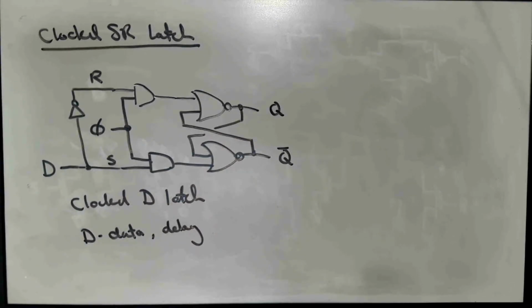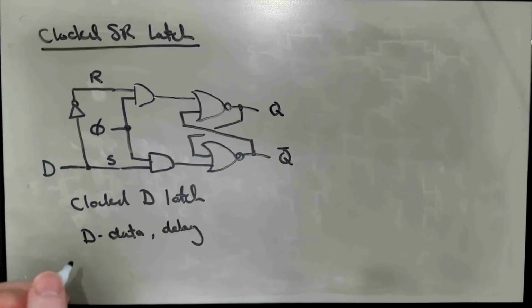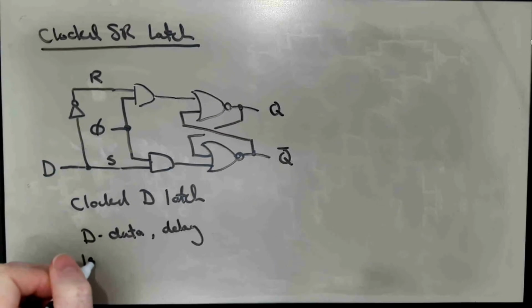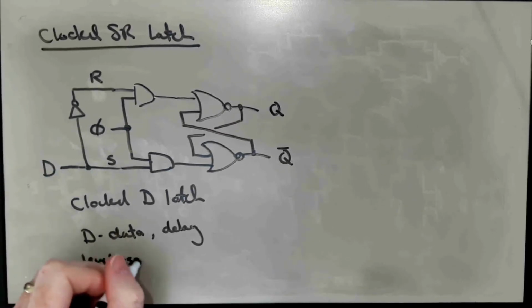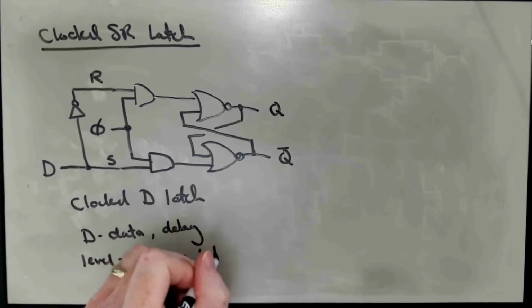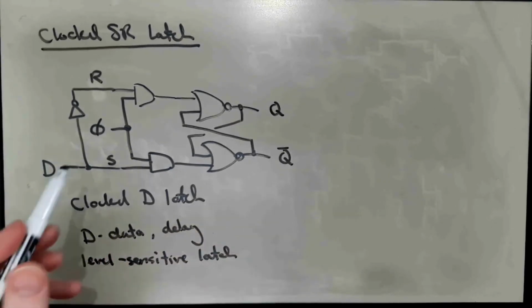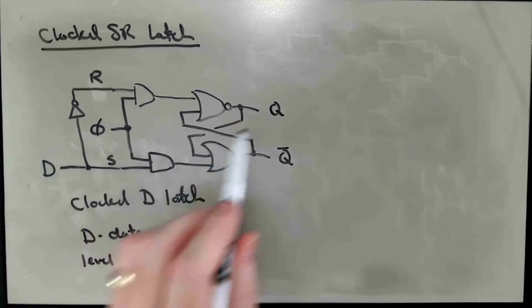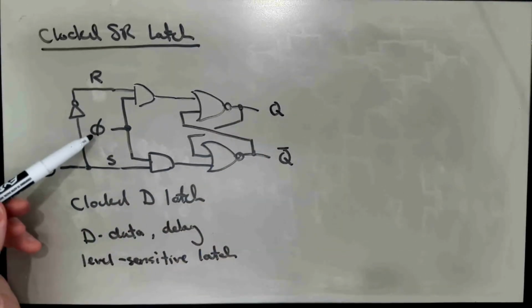Okay? So this type of latch is also called a level sensitive latch, because the D propagates to Q on the clock level.